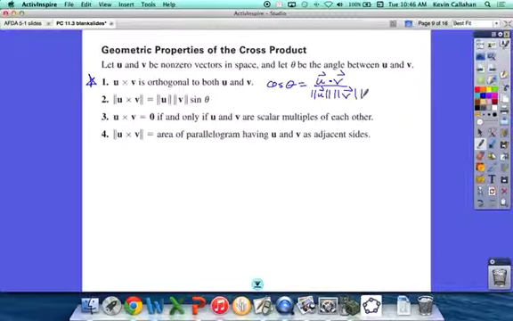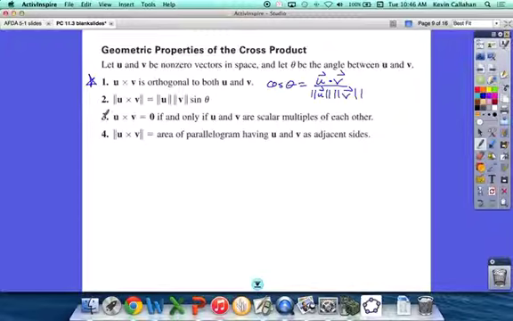So which one do you think would be easier if you were told, find the angle between two vectors? Honestly, I like using that one better. I think cross product is way harder to calculate than the dot product. But they both will get you the angle between two vectors.